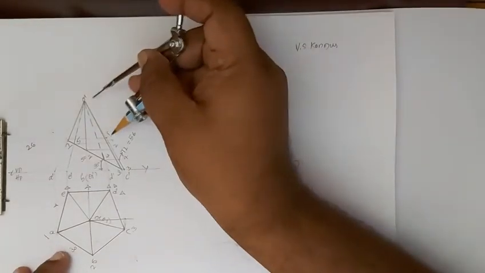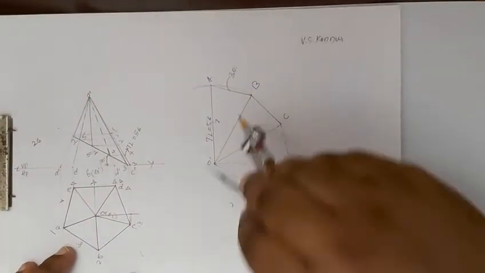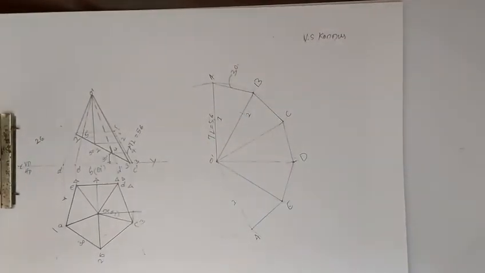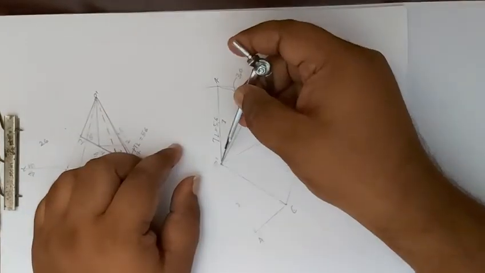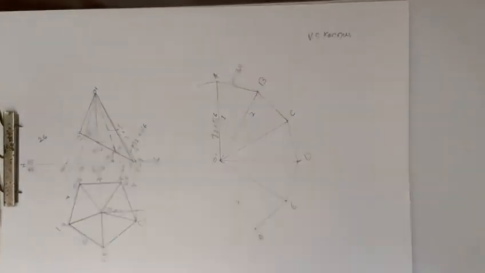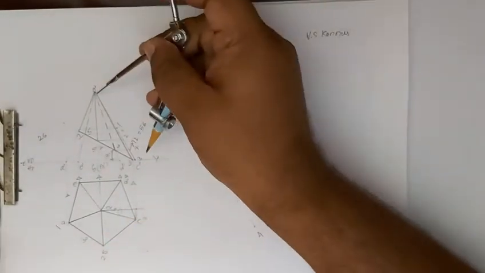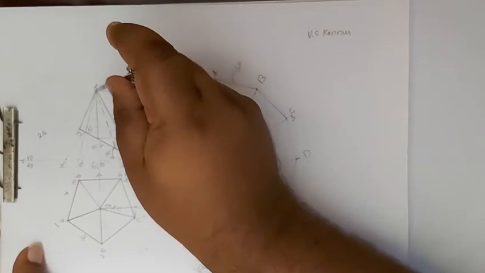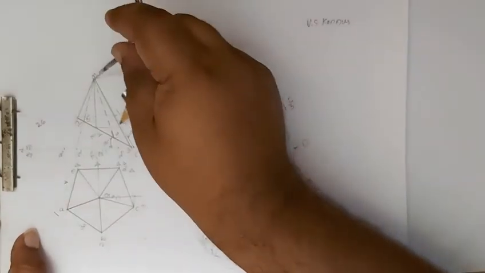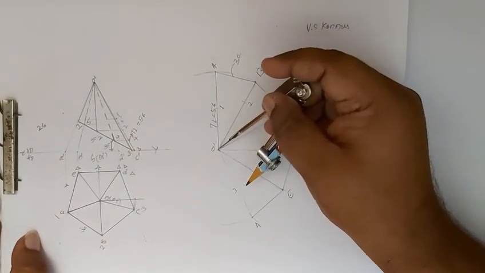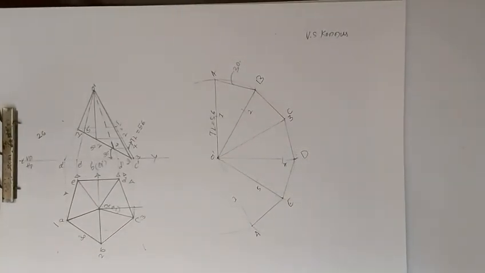Then I will take the second distance on OB, then the third distance on OC, directly on this point, then the fourth point on OD, then the fifth point on OE. Now all the points have been marked.